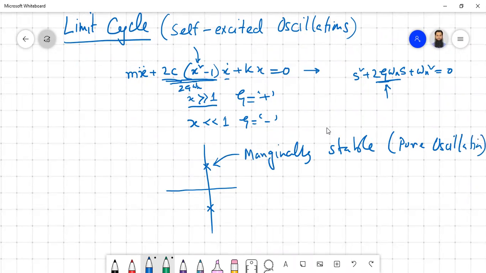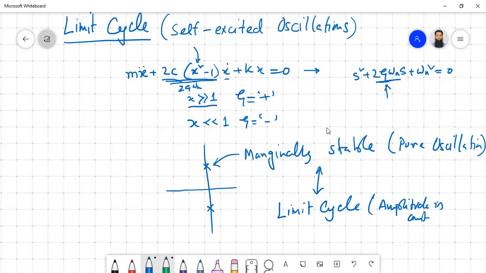The difference between this marginally stable signal or pure oscillation and our limit cycle has to be understood. The first thing is that amplitude is constant here in the limit cycle, whereas it is variable in the marginally stable system based on the initial condition.